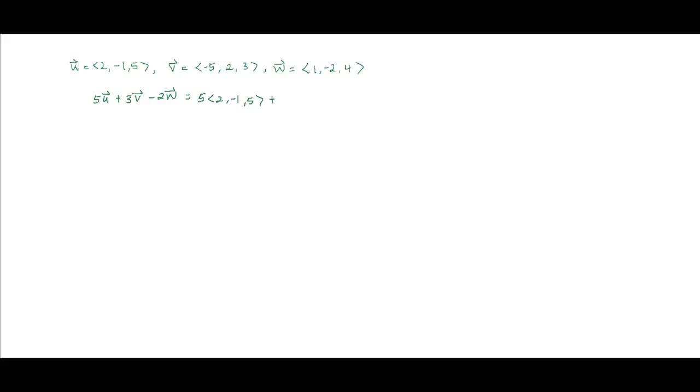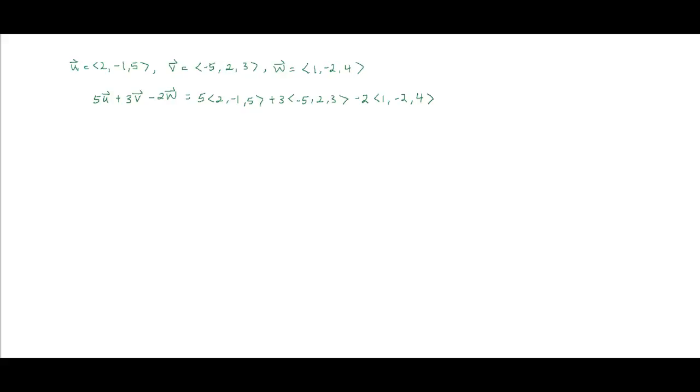Add to it 3 times the vector v, so that's (-5, 2, 3). And minus twice w. Now we can think of this as adding the double of w, but let me just write it as -2 times (1, -2, 4).